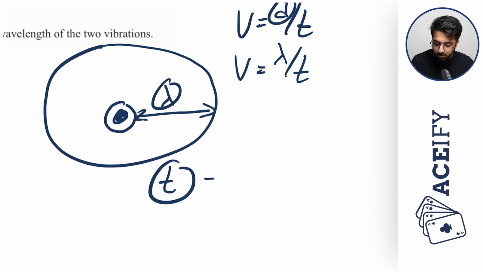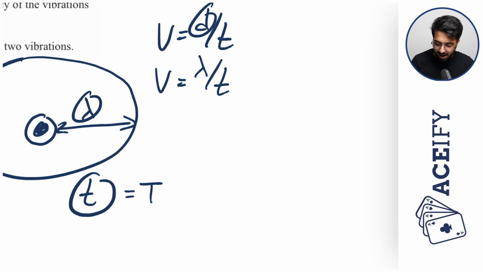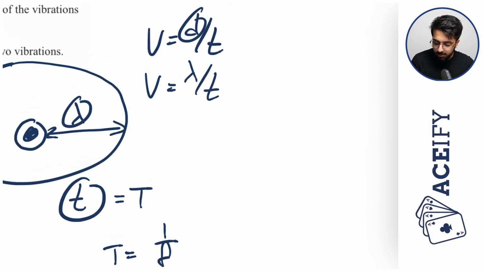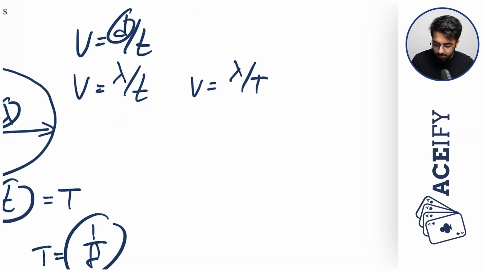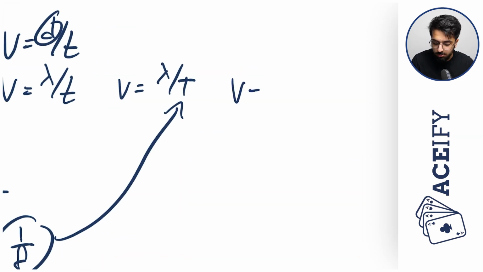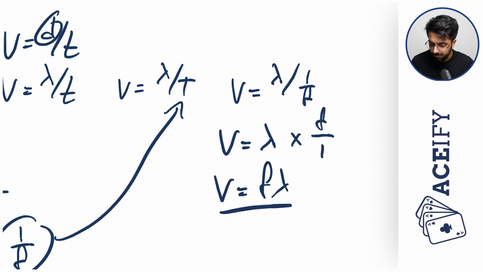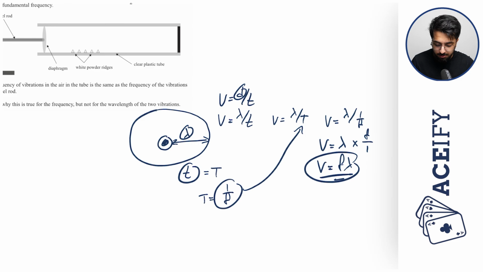And we also know that our period is equal to 1 over our frequency. And so therefore the velocity is equal to our wavelength all over our period, and subbing this in, we get our velocity is equal to our wavelength divided by 1 over our frequency, and therefore our velocity is equal to the wavelength multiplied by our frequency, so the velocity of the wave is equal to f lambda. Okay, so that's just how this equation gets derived.